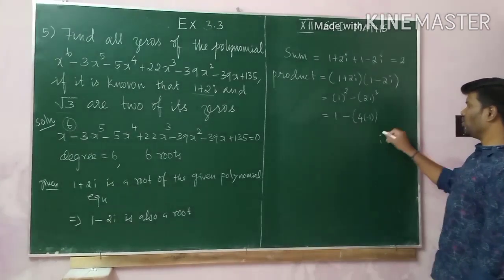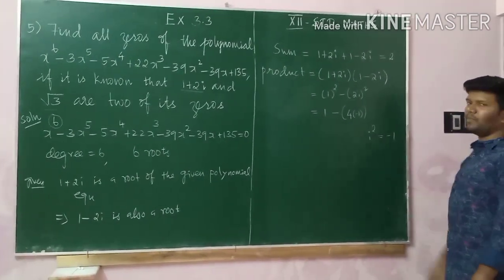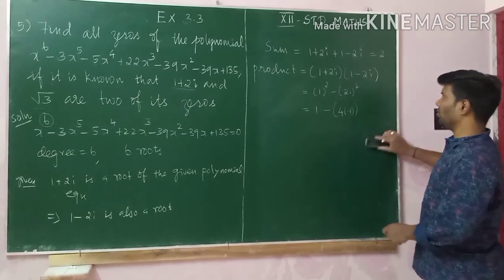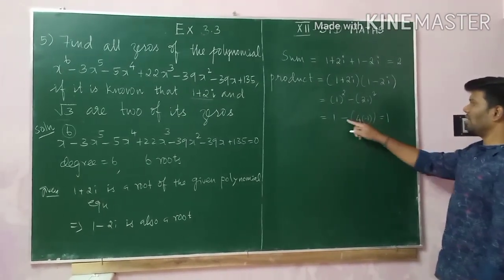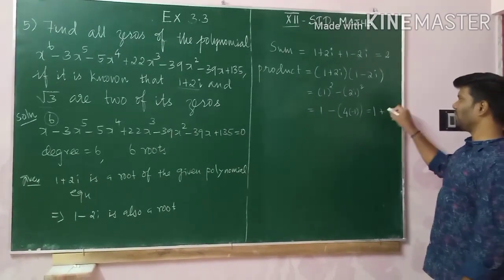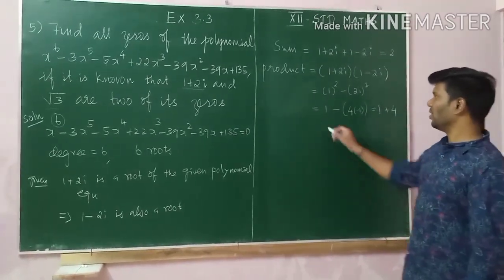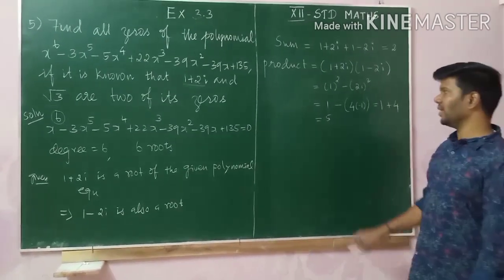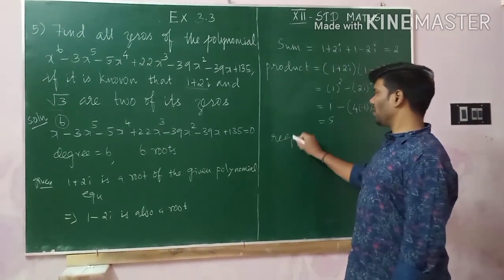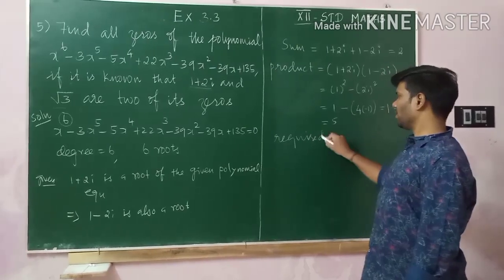We know the value of i square is minus 1. So 4 into minus 1 is minus 4. So minus of minus 4 is plus 4. So product equal to 5. So what is the required quadratic equation?